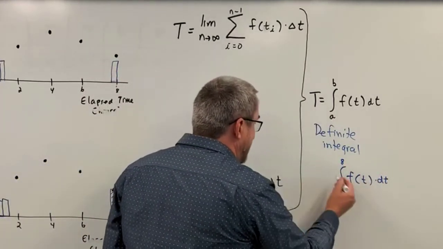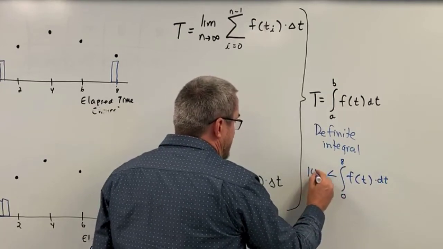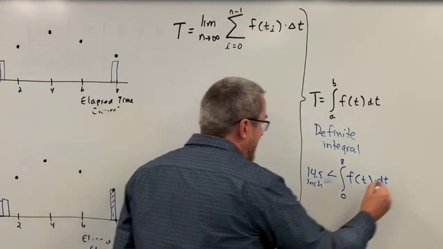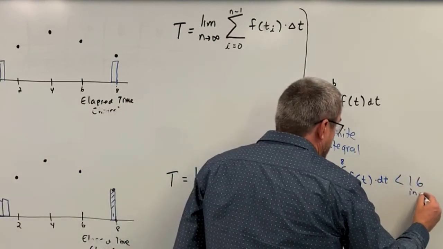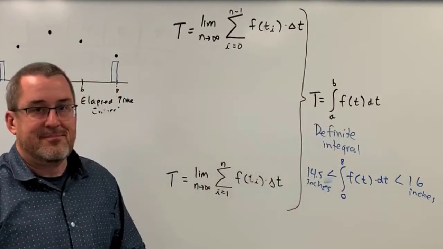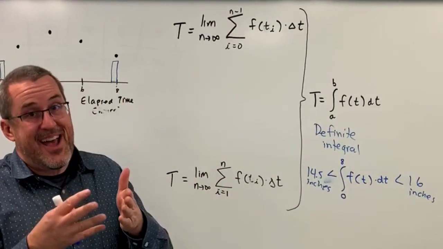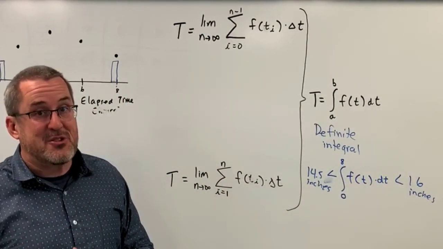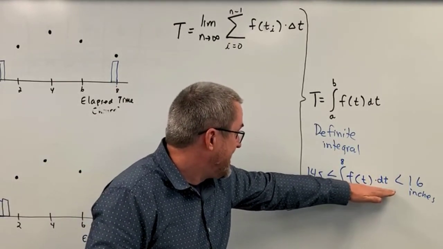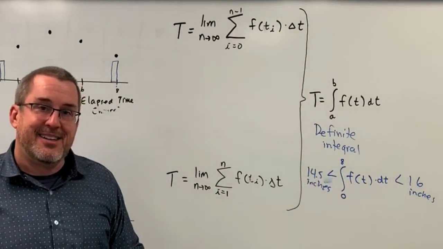What we can say is that it is somewhere in between the 14.5 inches of snow we got with the left-hand sum and the 16 inches of snow that we got with the right-hand sum. Now in future videos, you'll find out how we can narrow that down and get a very precise measurement. But for now, we're going to leave it at this: this definite integral is going to produce a value somewhere between 14.5 and 16 inches.